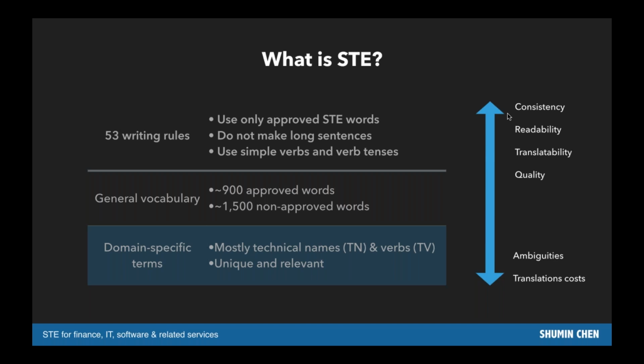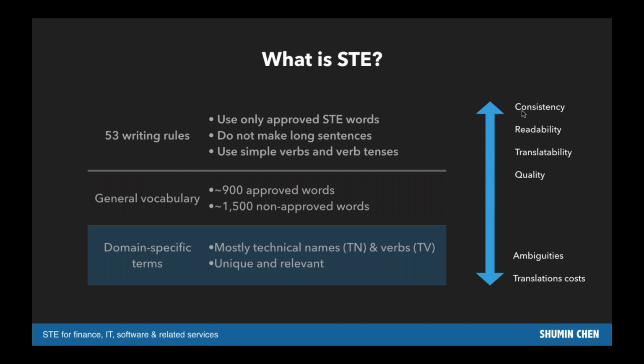And overall, as you can see, the benefits of STE is that overall you are bringing up your levels of readability, consistency, and doing away with a lot of the ambiguities that were previously not addressed. It opens up conversations between silos. I get the impression that technical writers sometimes work independently of R&D or designers.